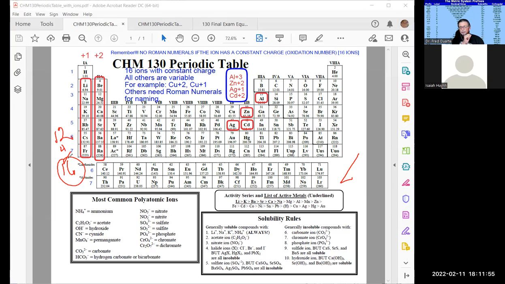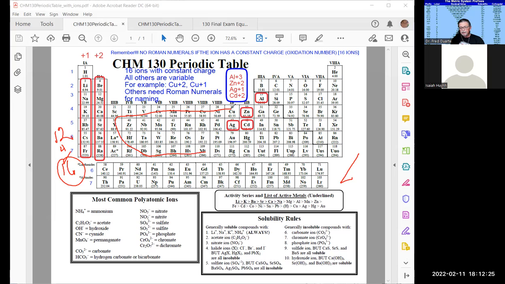So we have a total of 16 metals whose ionic charge is always known 100%. That's important because when we start learning to write names for these compounds that we start putting together, we need to know that because that tells us whether to put what we call a Roman numeral in the name. What does that mean for everybody else?